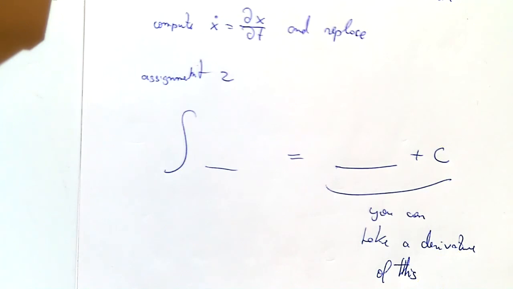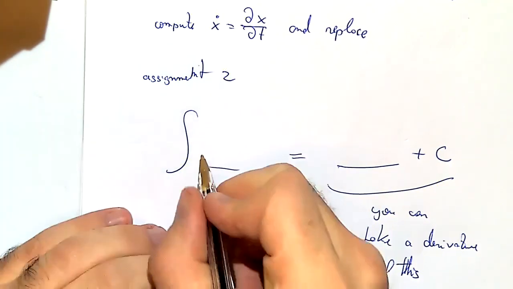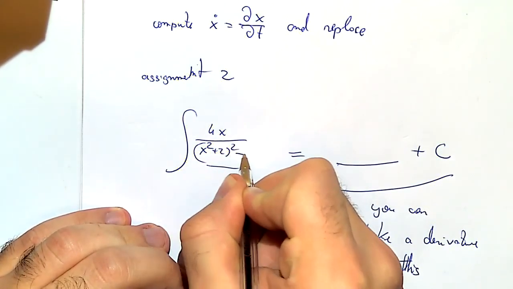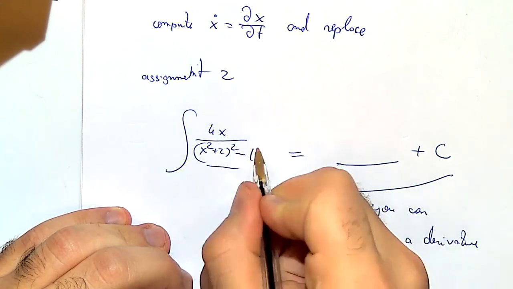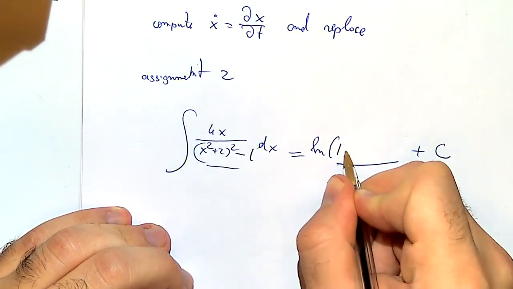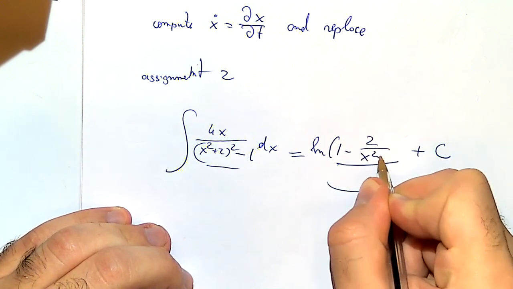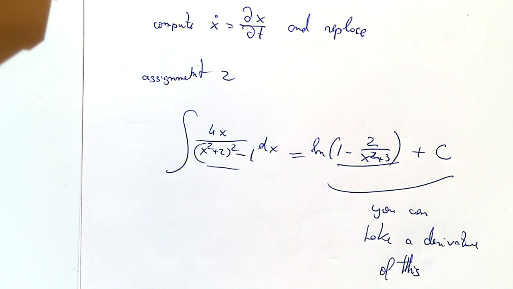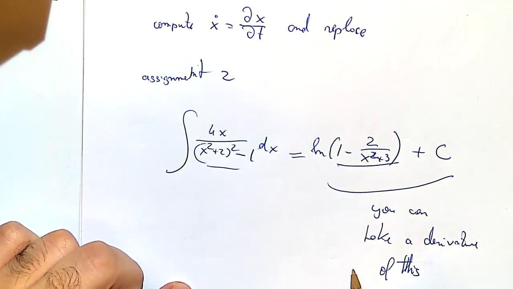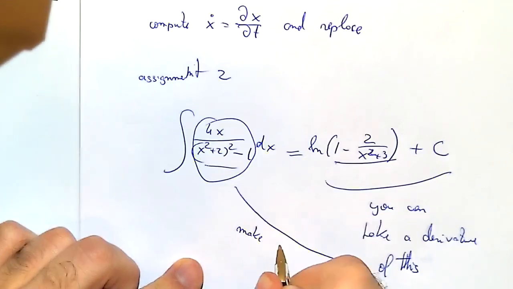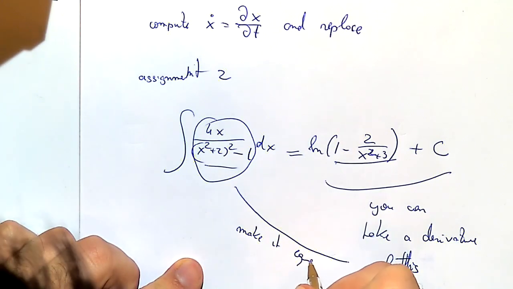If you're not convinced, the problem was here: the integral of 4x squared plus 2 squared minus 1 dx is equal to log of 1 minus 2x plus 3 plus a constant. You can take a derivative of that and make it equal to this.